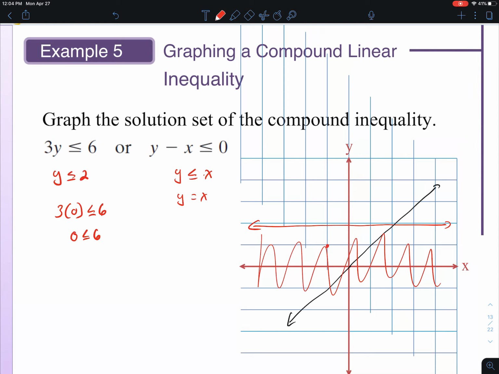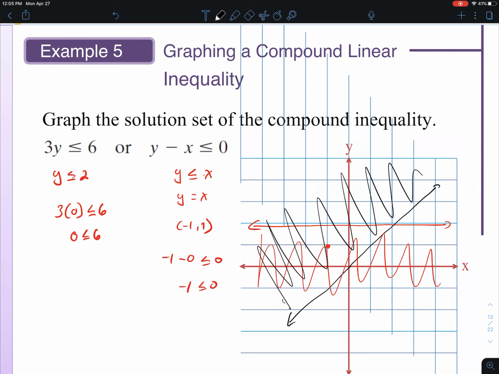So I'm going to pick the ordered pair -1, 1, which is that one right there. So -1 minus 1 is less than or equal to 0. -2 is less than or equal to 0. That is a true statement. And so since it's a true statement, I am going to shade everything that's above the second equation.